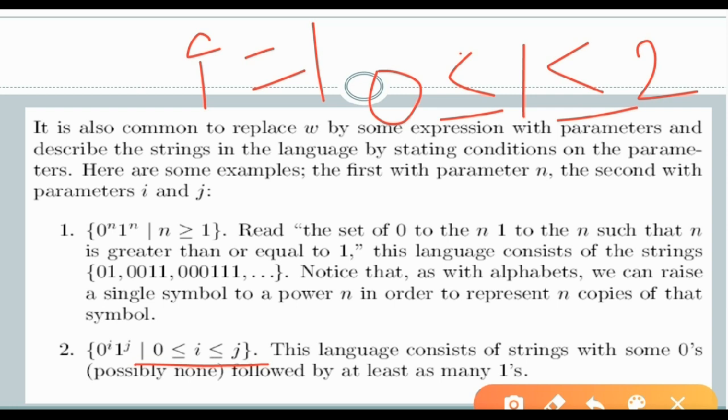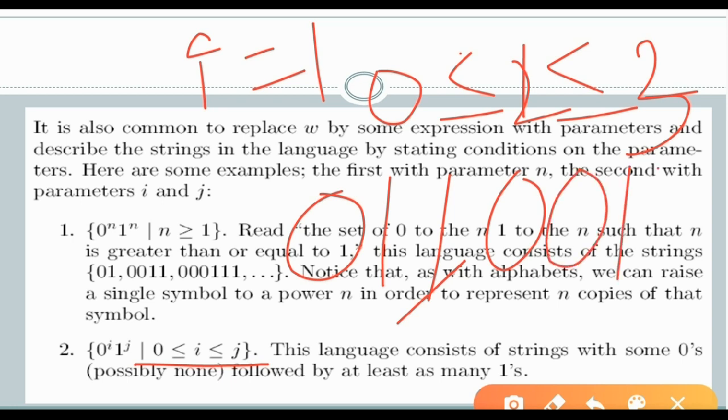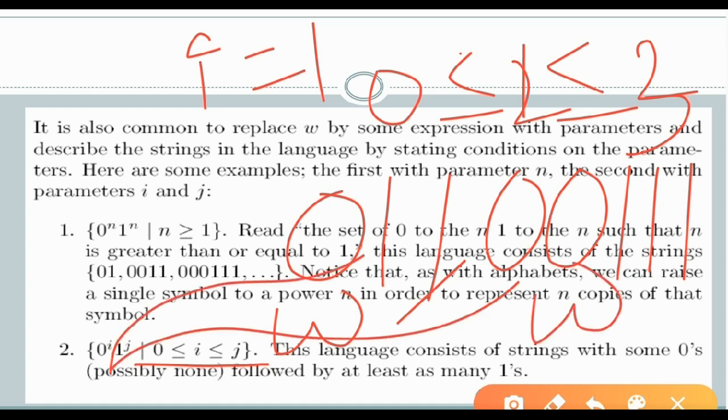So you can replace the value 0, next 1, 1. In the same way you may take 2 or 3, so you can take 0, 0, 1, 1, 1. This is the W, the string generated from the given information.